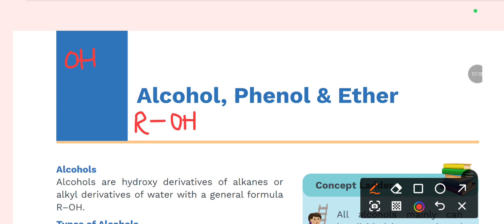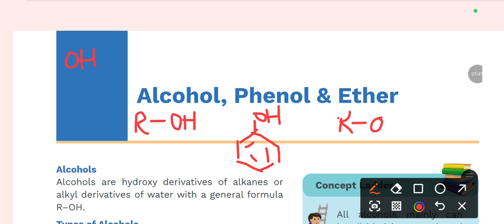Now if we see the diagram of phenol, this is the benzene ring. To the benzene ring OH is attached. This is phenol. Coming to ethers, in ethers this is R, O. As in alcohols it is ROH.